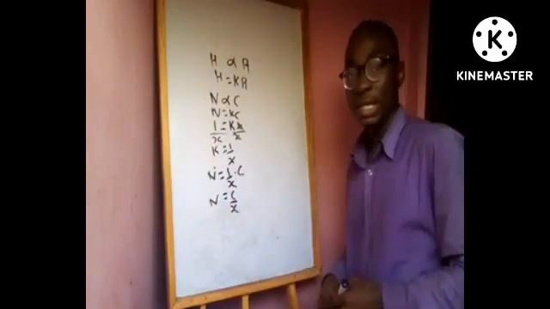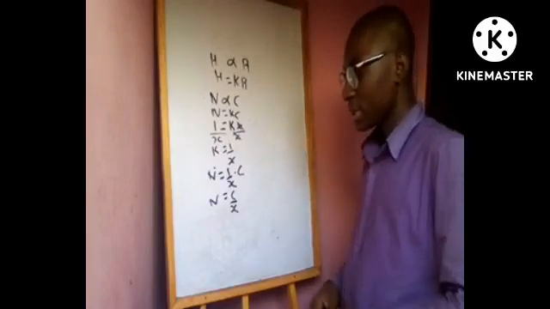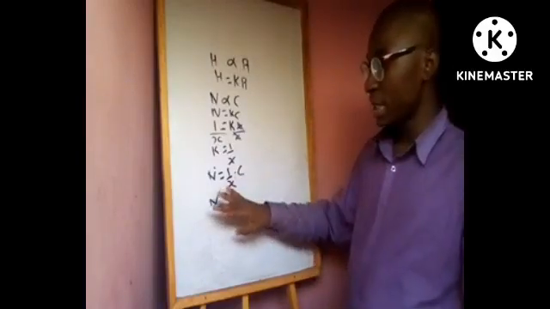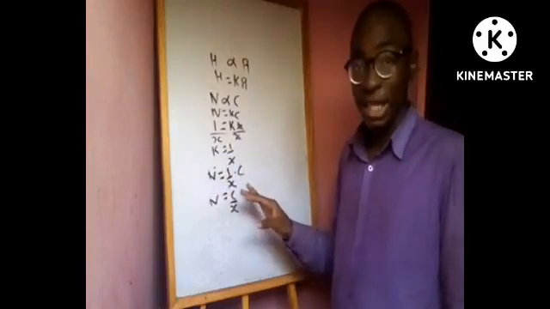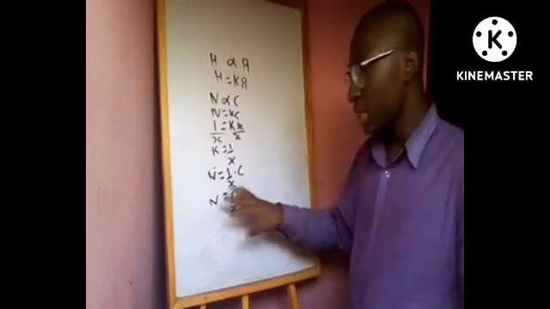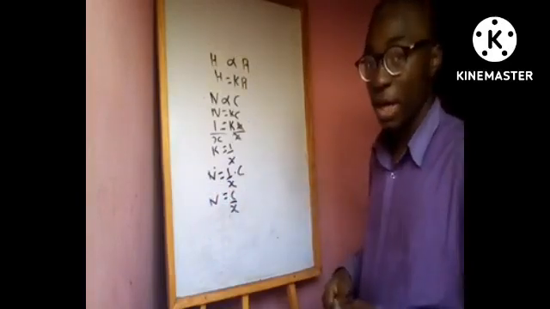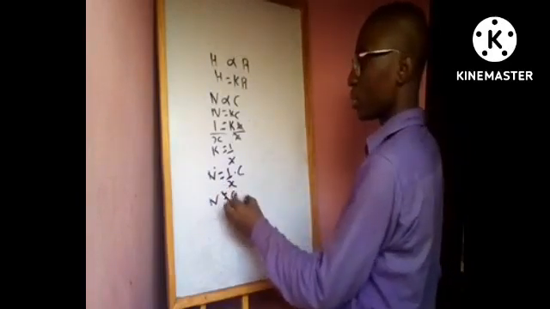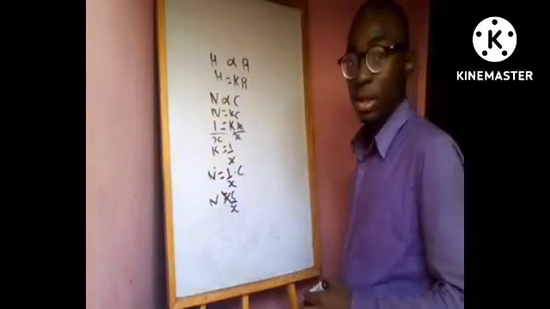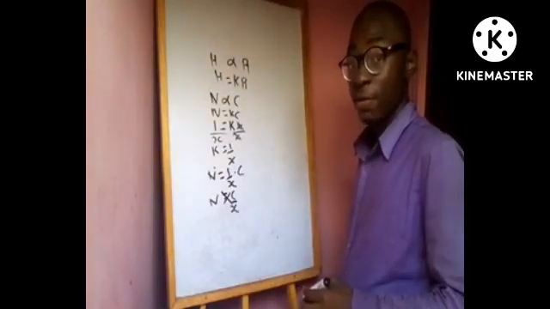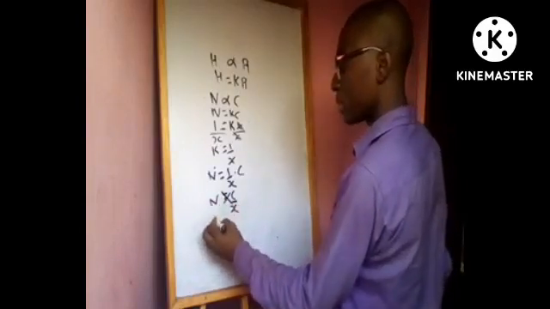Now they asked us, what will be the cost of 20 packets? So basically, you've established a relationship between the number of packets and the cost of each packet. Now what you are going to do, you just cross multiply and change the subject of the formula. So when we cross multiply, we'll say c equals nx.